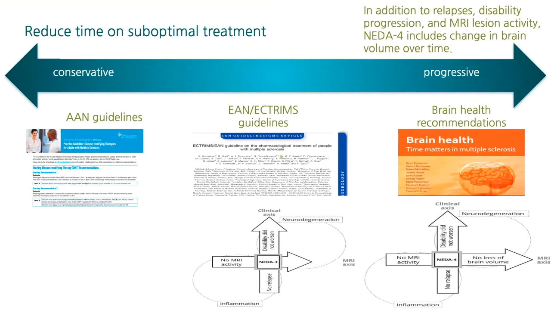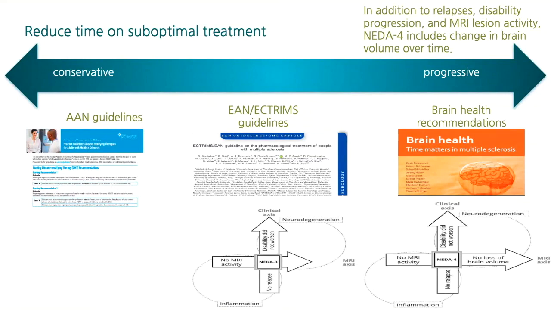They jointly published guidelines that correspond very well with the NEDA-3 criteria. And on the right side, the most progressive guidelines are the brain health recommendations, set together by a group of key opinion leaders in multiple sclerosis, led by Professor Giovannoni of Barts Hospital in London. These recommendations correspond to the NEDA-4 criteria.